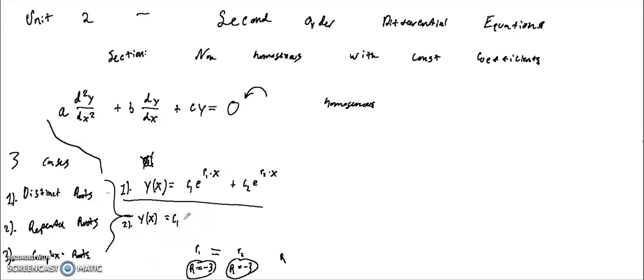So c1 e to r times x. You can just say r1 and r2, but they're the same, so it'd be redundant, so it would just say r. Plus c2 times x times e to the r times x.